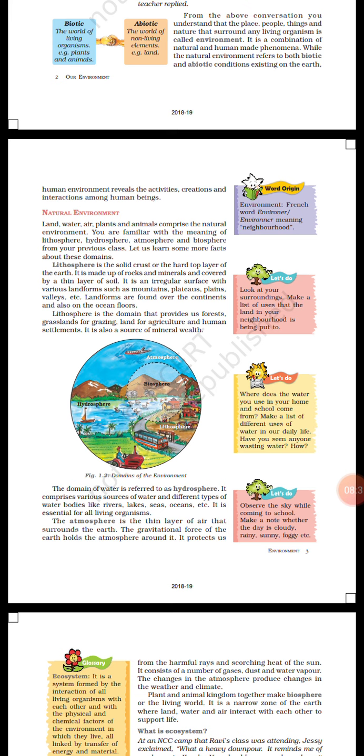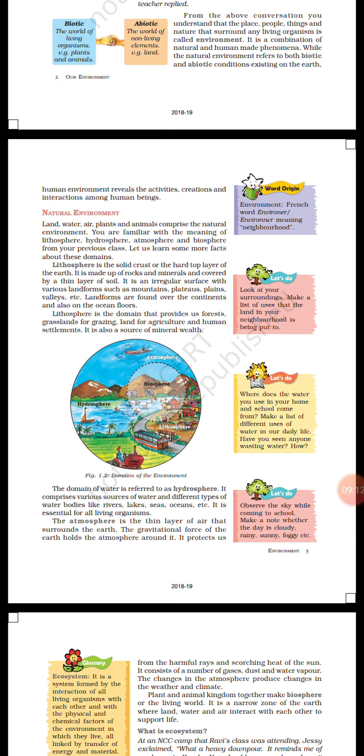Hydrosphere refers to the water bodies like rivers, lakes, seas, oceans that exist on earth. The atmosphere is the thin layer of air that surrounds the earth. It protects us from the harmful rays and scorching heat of the sun. It consists of gases, dust and water vapors.